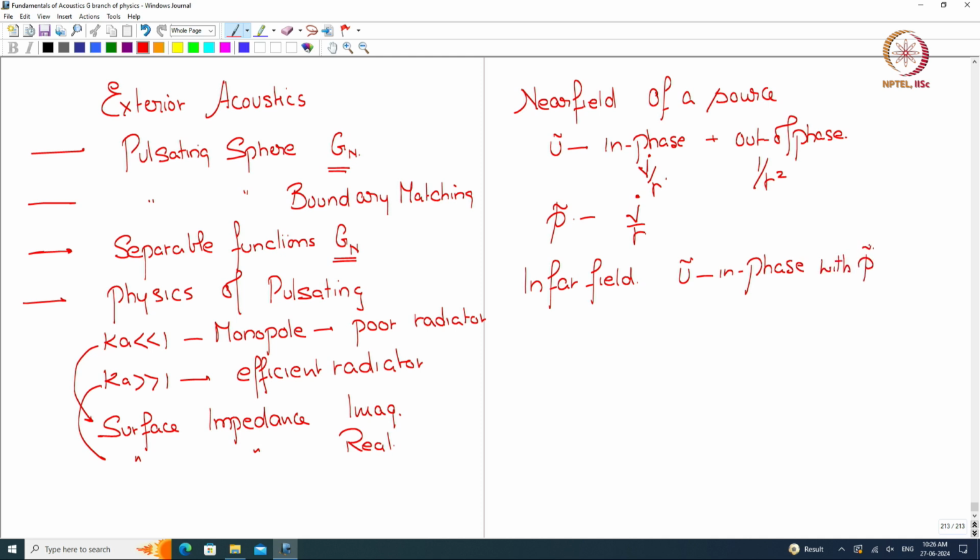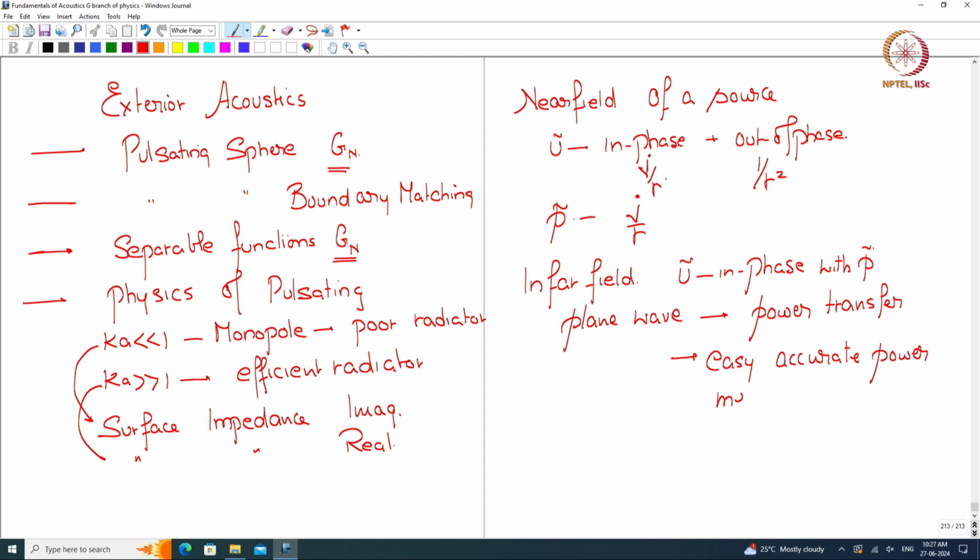And so you have plane wave acoustic impedance and power transfer, and so easy and accurate power measurement at a distance from the source, in the far field of the source.